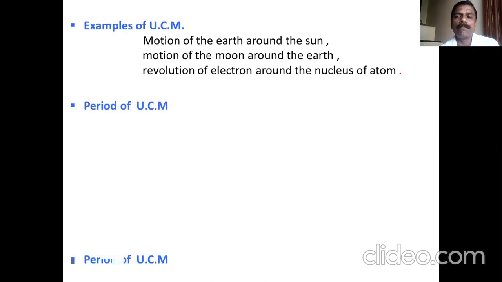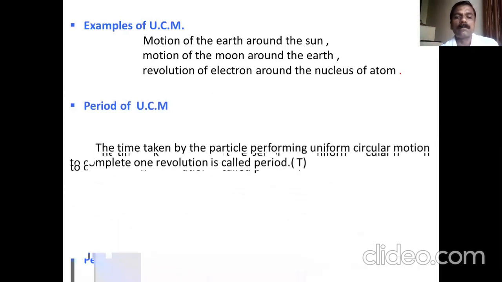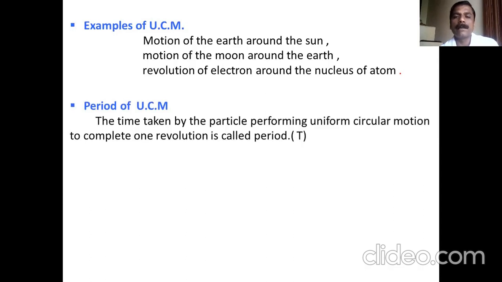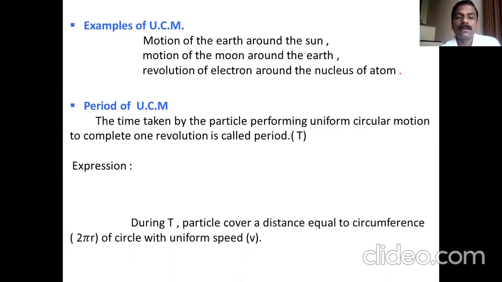Now we want to find the period of a UCM. We know the time taken by a particle performing UCM to complete one revolution is called the period. It is denoted by the capital letter T. Now, how can we find the expression for the period?